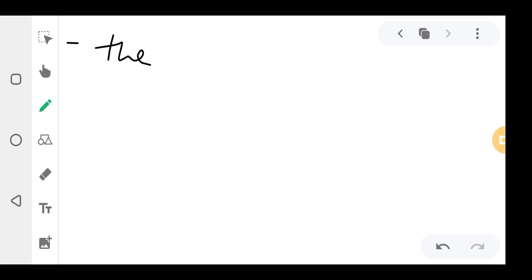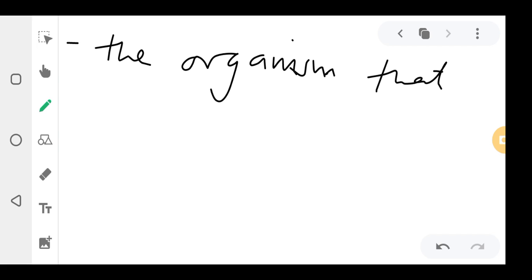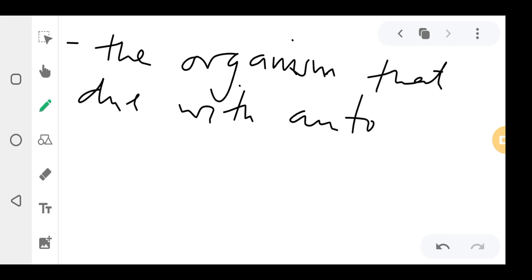And also the organisms that deal with autotrophic nutrition, what are they called?